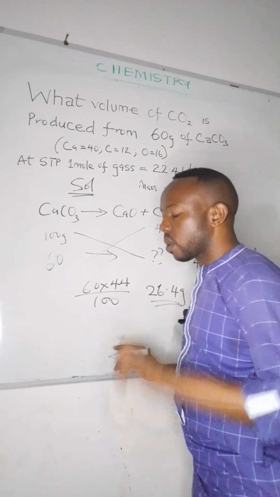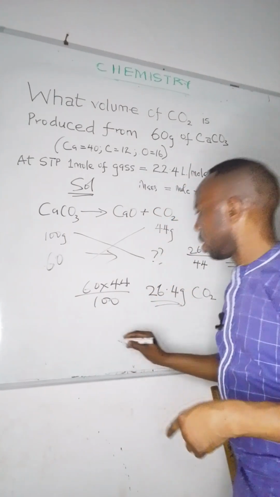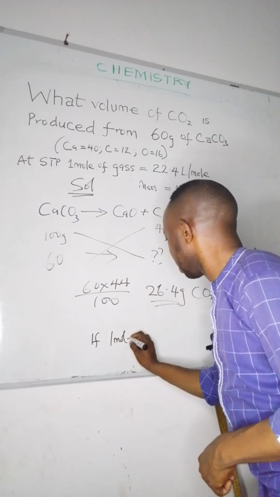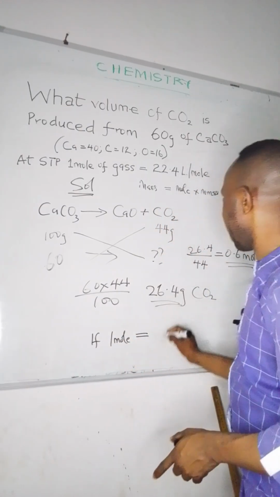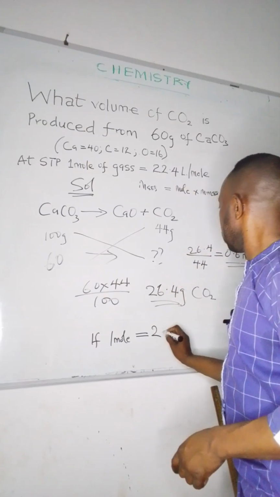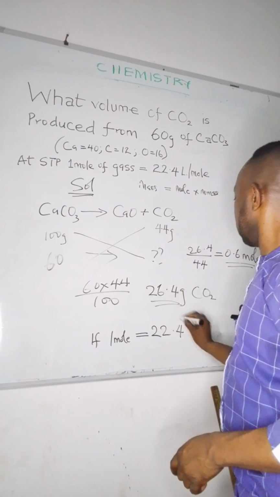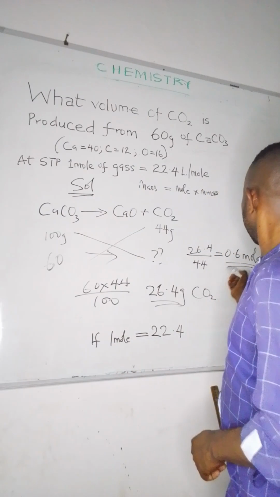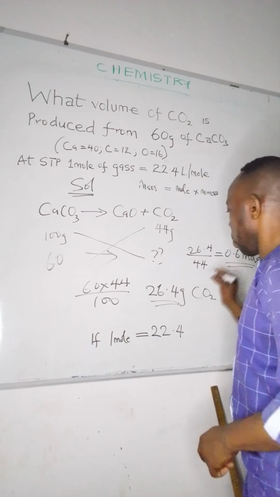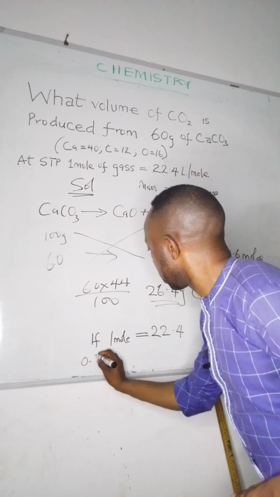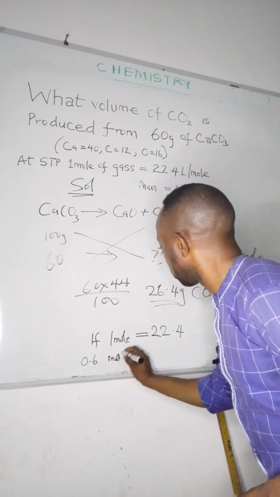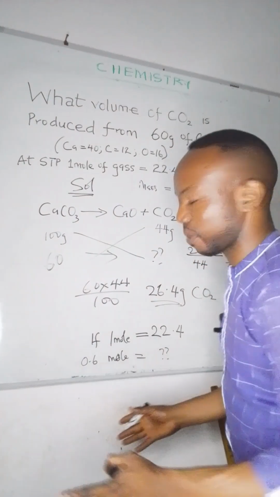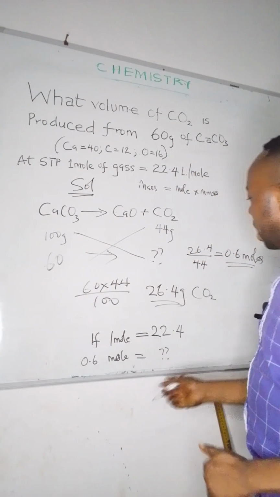So what you will now do is say, okay, I get it. That's what you will say to yourself. You say, okay, if 1 mole of gas occupies 22.4 liters, how much volume will 0.6 mole occupy? You see how I'm making it easier for you? You understand? Now, also do what I have been asking you to do.